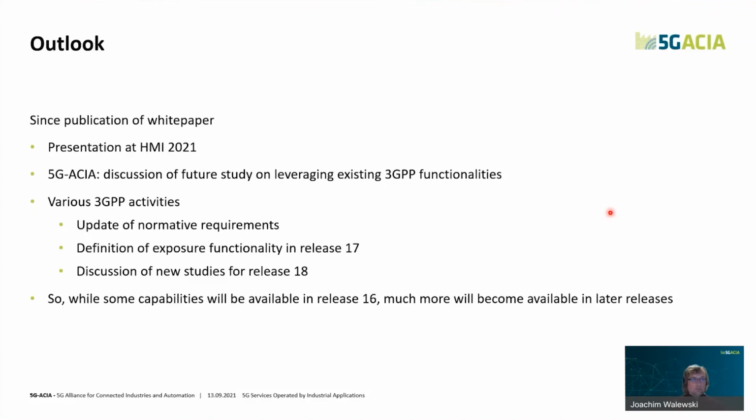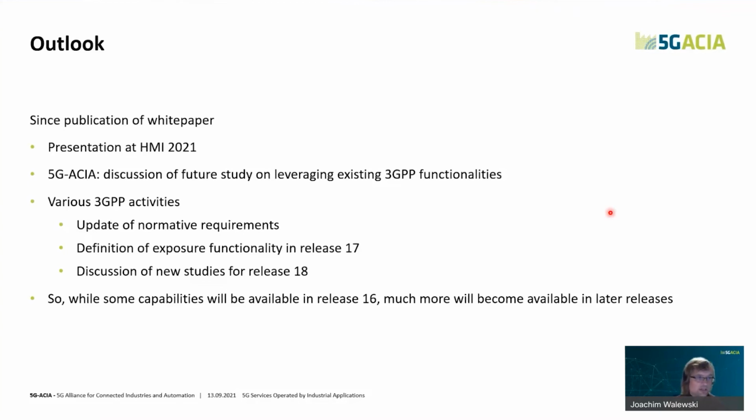And I mentioned release 17, there has already been a lot of work towards making this exposure functionality ready to use. With that becoming done when release 17 is frozen next year, hopefully this will then also find its way into products.